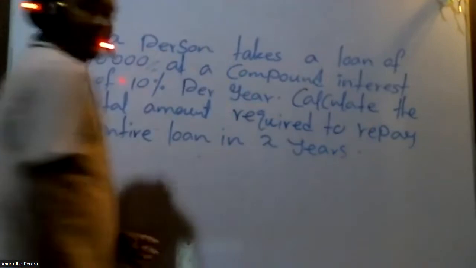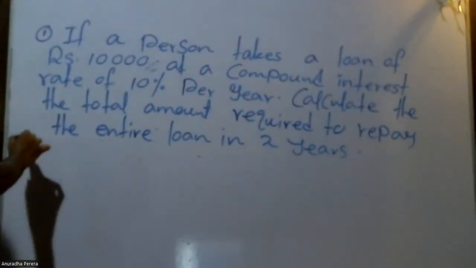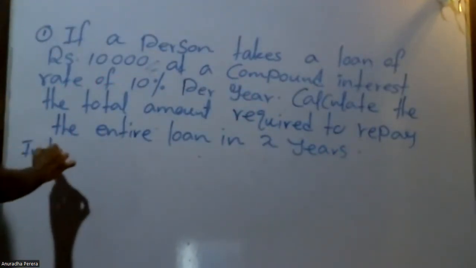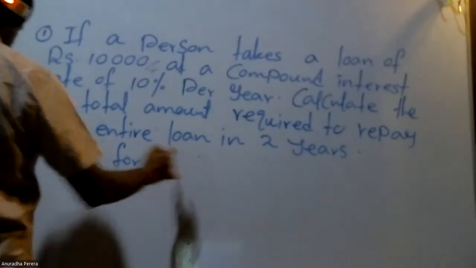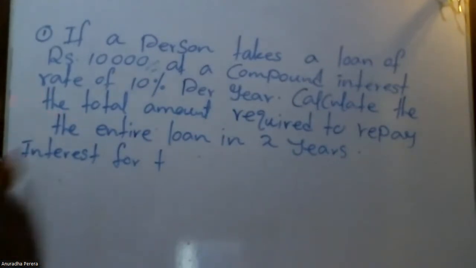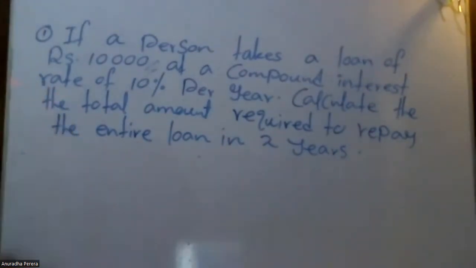Right? You can write a few steps. Interest for the first year. First, you can write the loan amount for the first year. It is 10,000.